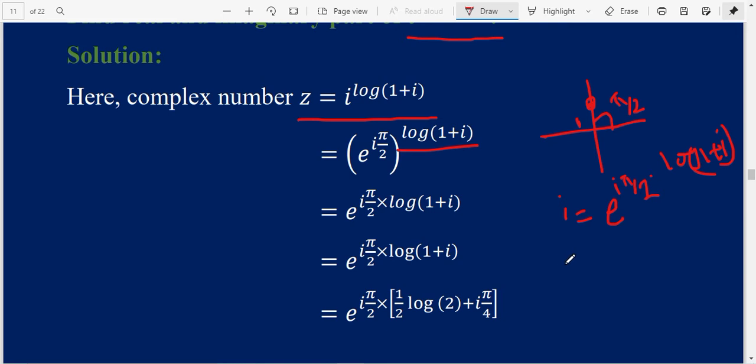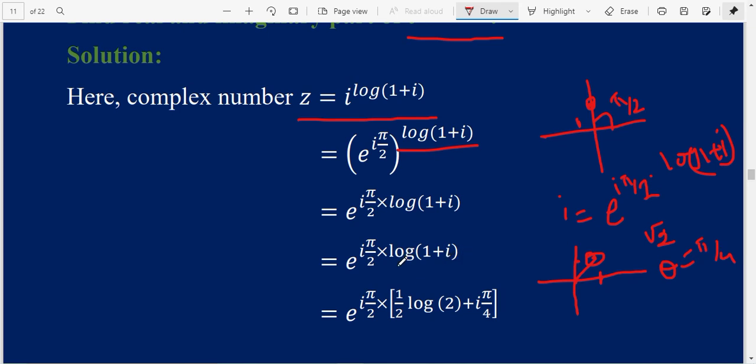So 1 plus i: the real value is 1 and the imaginary value is 1. So 1 plus i is here. So r is equal to root 2, theta is equal to pi by 4.